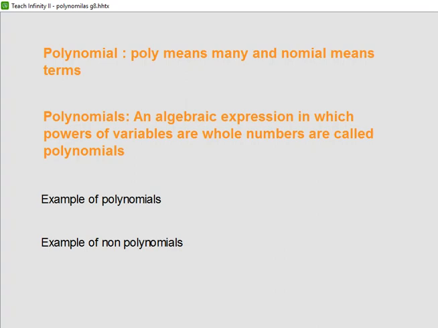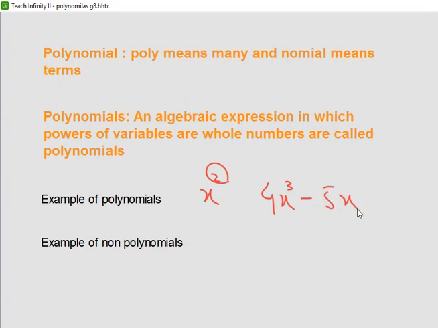The definition says that any algebraic expression in which the powers of variables, like I told you, suppose this is x square, so this square is called the power. According to the definition, that algebraic expression will be considered a polynomial where the powers are whole numbers. For example, 4x cube minus 5x.